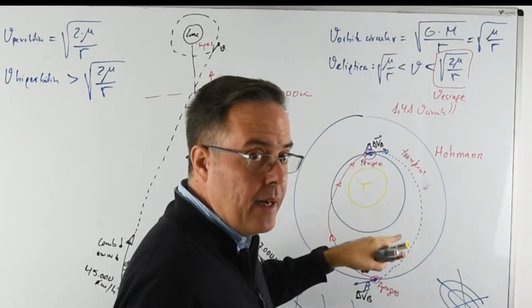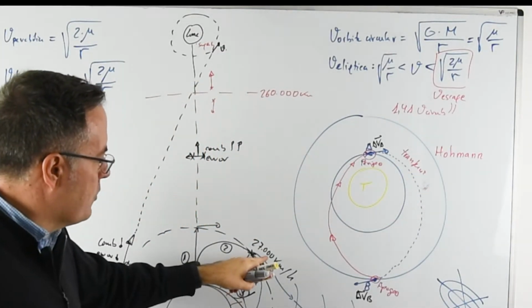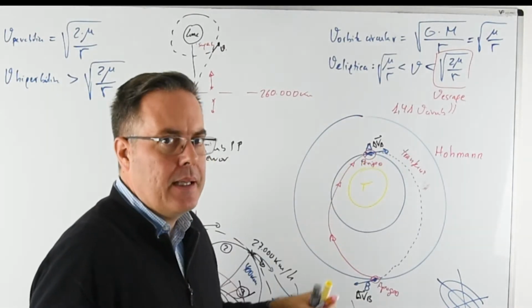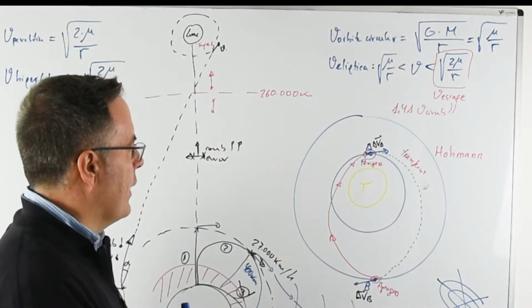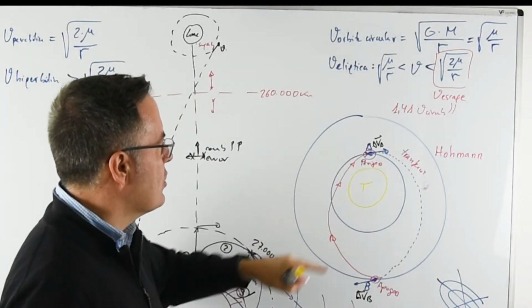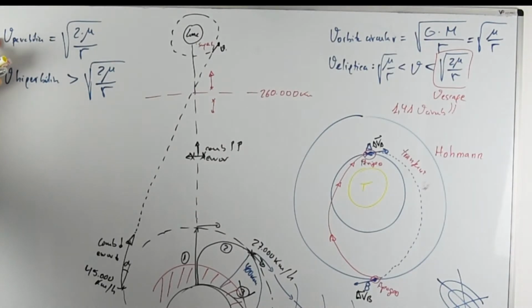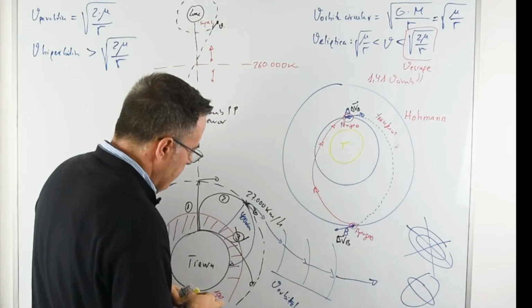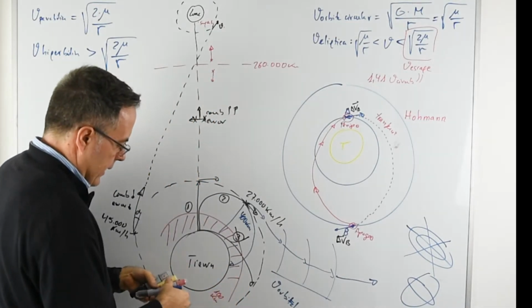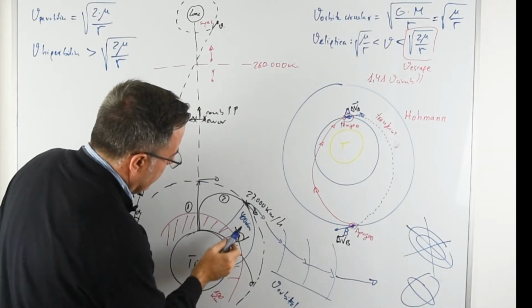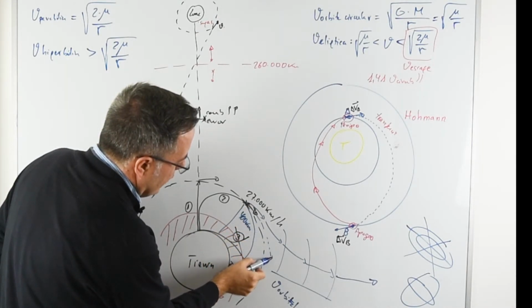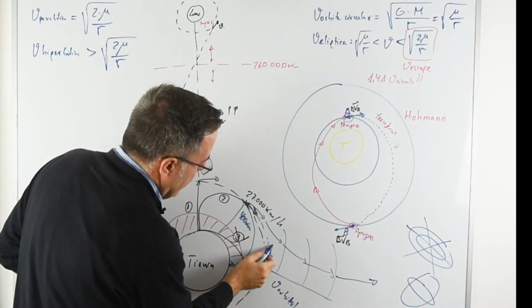So just to put an example, if we are at 27,000 kilometers per hour in an orbit at 400 kilometers height, then if we are between 27,000 kilometers per hour and 1.41 times that, we are in an elliptic orbit.